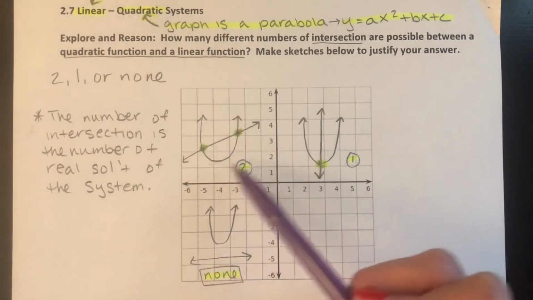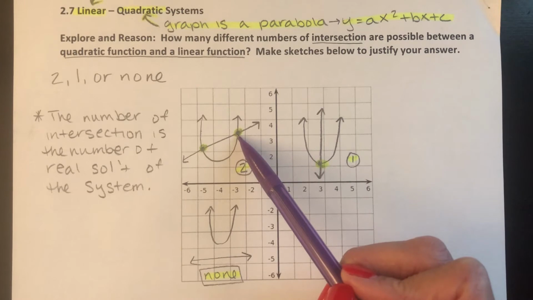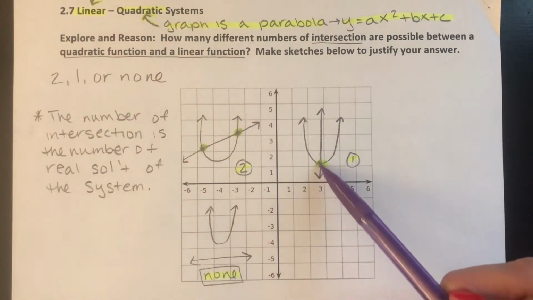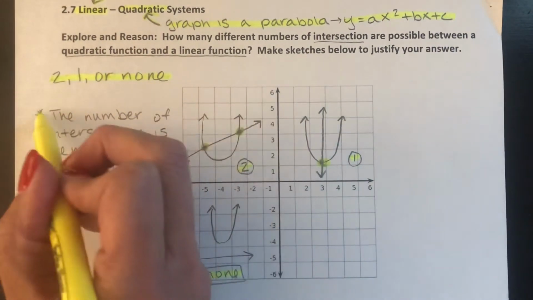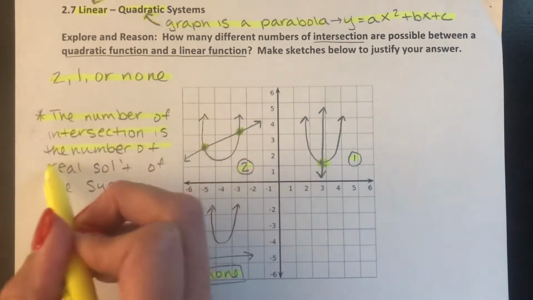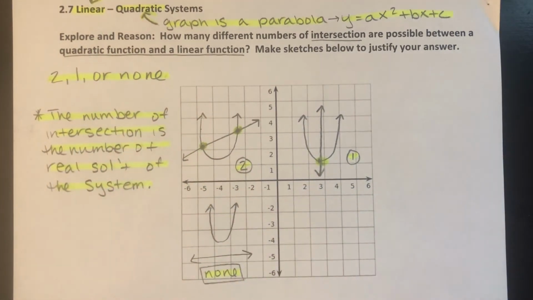In the first sketch we would have two real solutions, the second would have one real solution, and the last would have no real solutions. So 2, 1, or none, and it's important because the number of intersections is the number of real solutions. All right, let's move on. That's just kind of an intro.